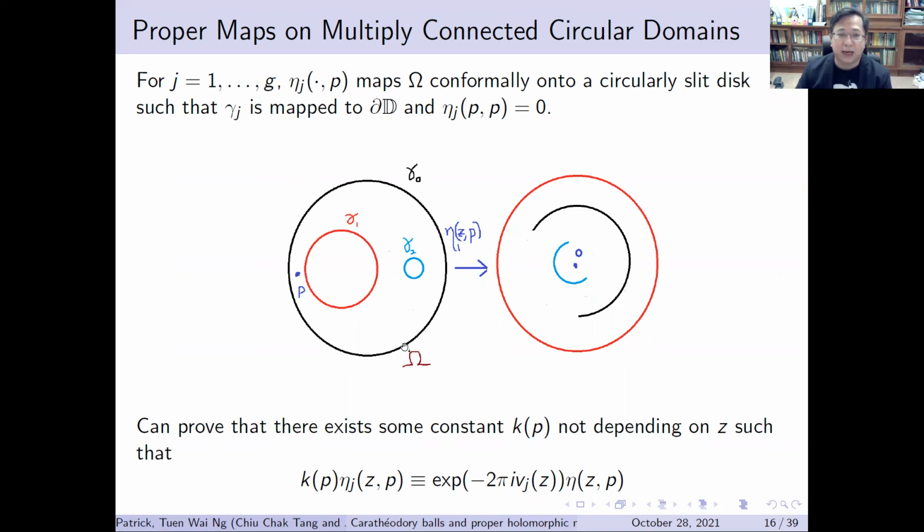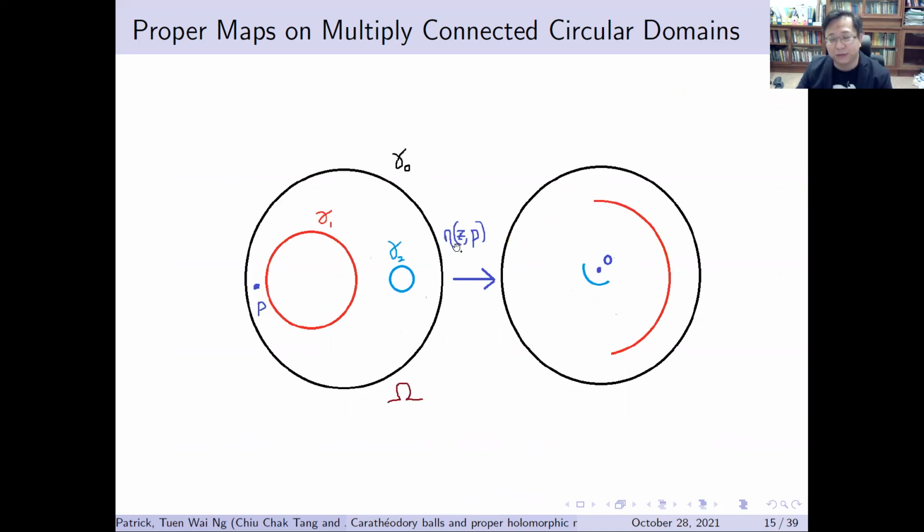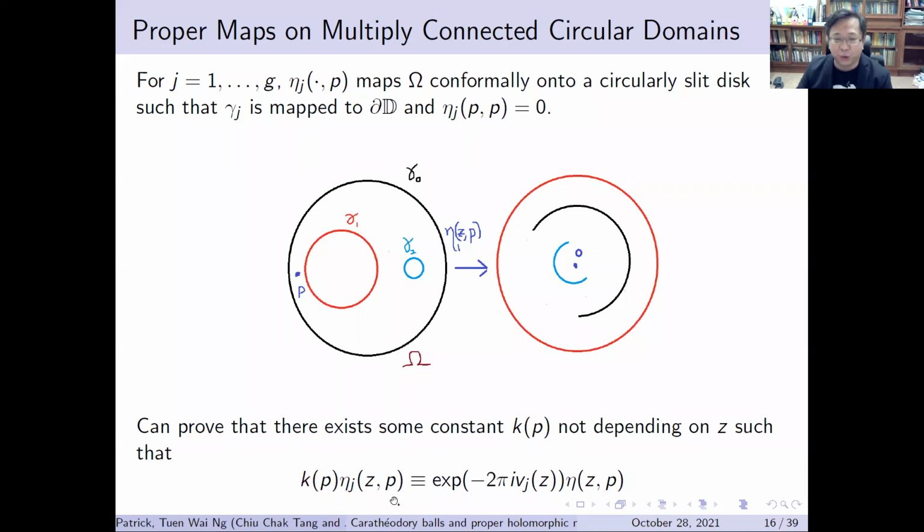And somehow this kind of conformal map is related to this one by the following formula. So that's a nice way to transform one to the other. But the formula involves this function vj, to be defined later on. So this is a first integral, and also a constant.